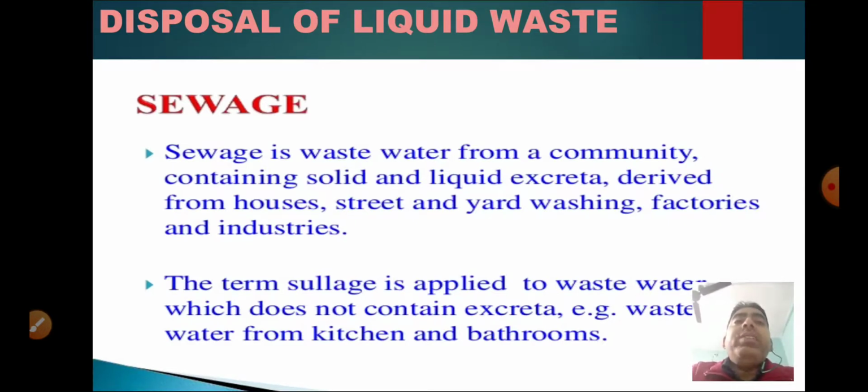It also contains solid substances such as human feces, rubbish and all the other garbage which is found in the liquid state. Most of the sewage flows into lakes, oceans, rivers or streams, but it is treated at the plant before it goes into the water bodies. If it is not treated, then what will happen?